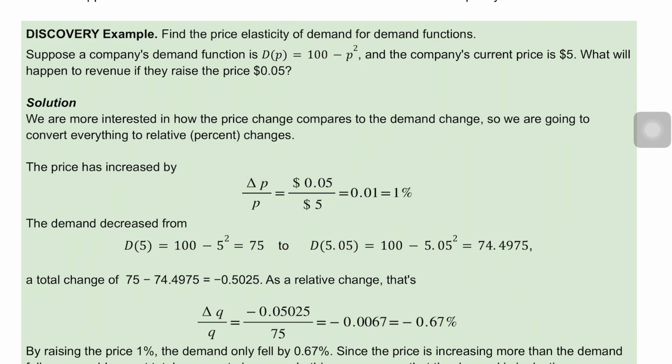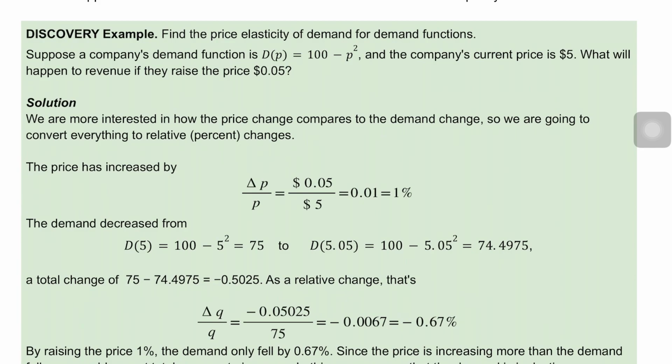So in this case, the change is this much relative to what? To the $5, right? So the change over the original price, how much is that going to be? Well, it looks like it's going to be just 1%, right? The change of price over the original price is just 1%.